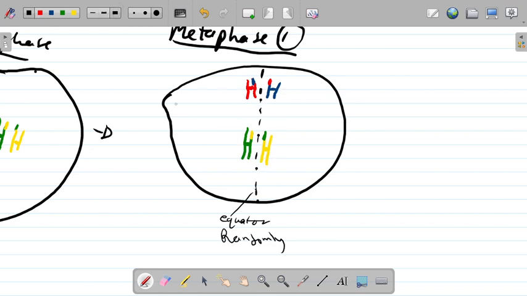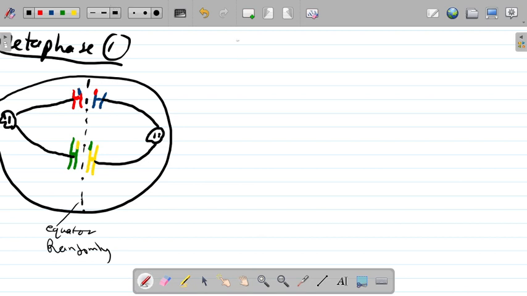What are we missing here? We are missing the spindle fibers that will attach to the centromere of each chromosome. So that's basically what happens. And then in Anaphase I, the cell is ready for Anaphase I.